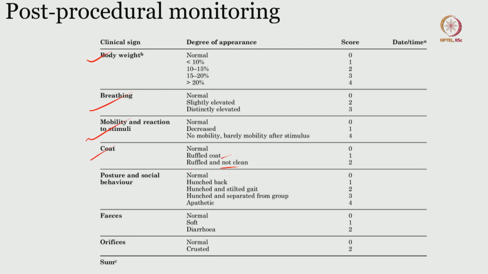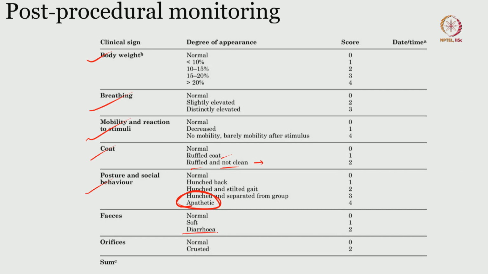If it is ruffled and not clean, it indirectly indicates the rat is not active. And of course, the posture and social behavior: apathetic and hunched is a very poor indicator and also tells us that it is in a very poor state. That has to be checked as to what is causing this sort of posture and social behavior.